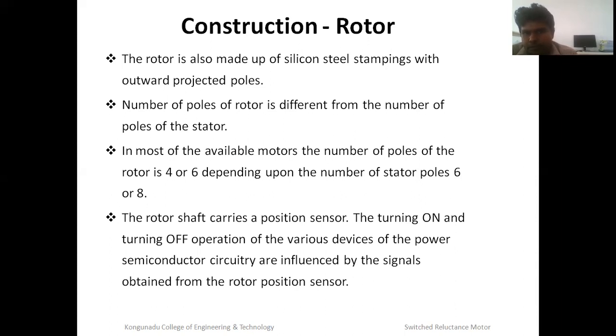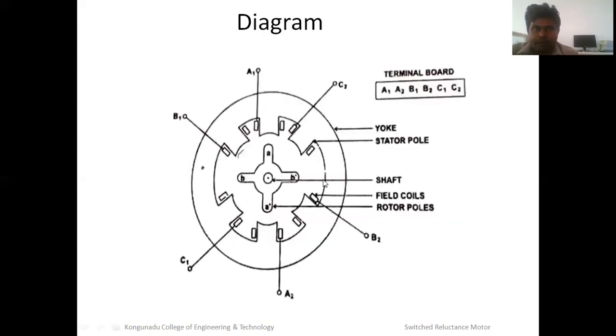This position sensor output determines the turn on and turn off operation of the power semiconductor switching circuitry. The output of this switching circuitry fully depends upon the rotor position sensor output. This is a very important point.